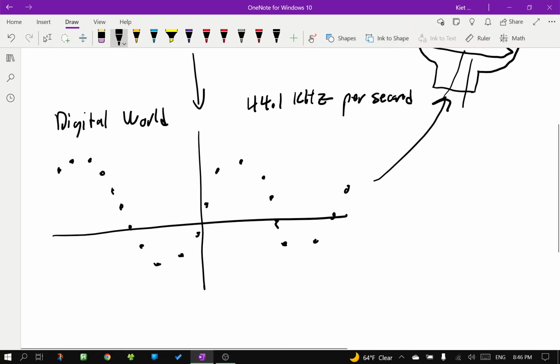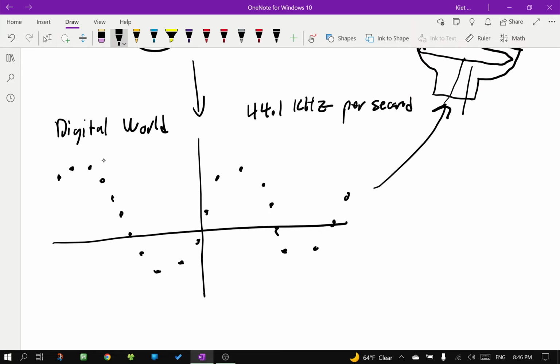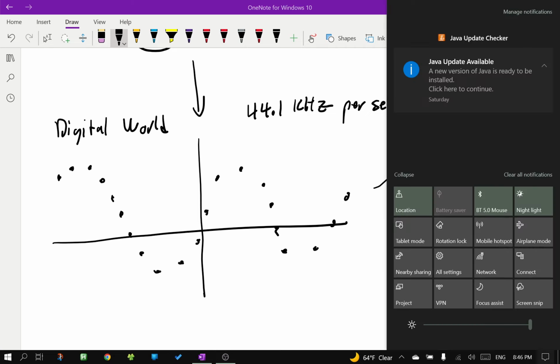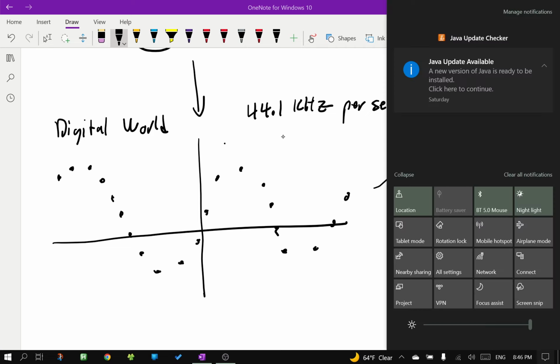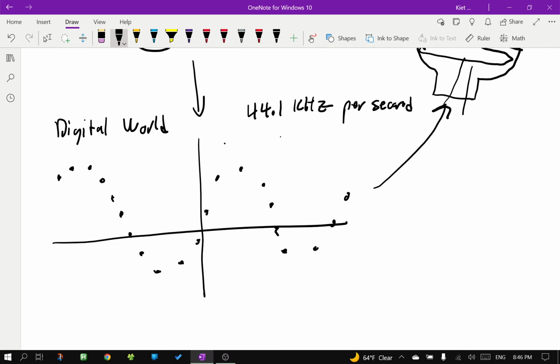And the way that is represented is that each point is a number. These points here are called samples. As a short, it'll be 16 bits or 2 bytes.